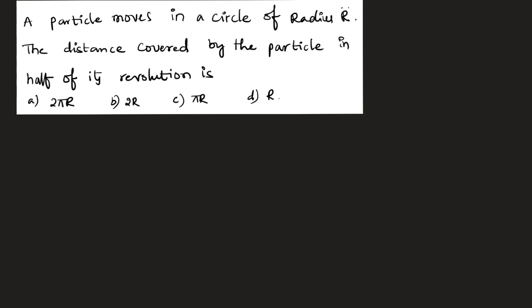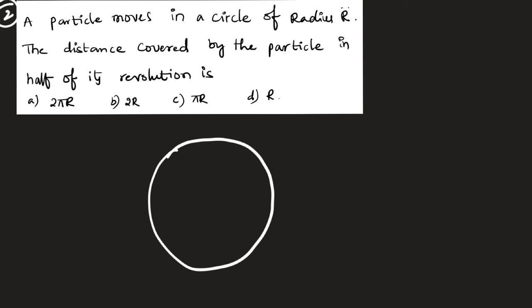Now let's look at one more question. A particle moves in a circle of radius r. The distance covered by the particle in half of its revolution is. What is the meaning of half of its revolution?